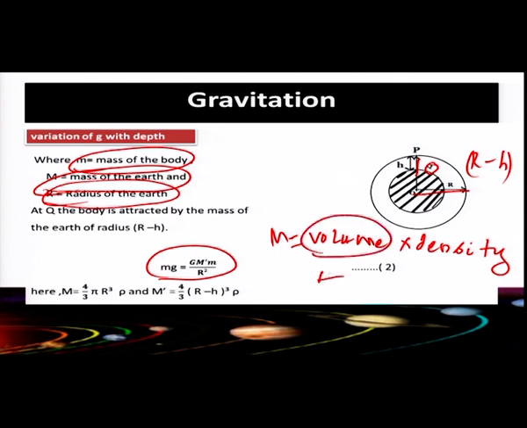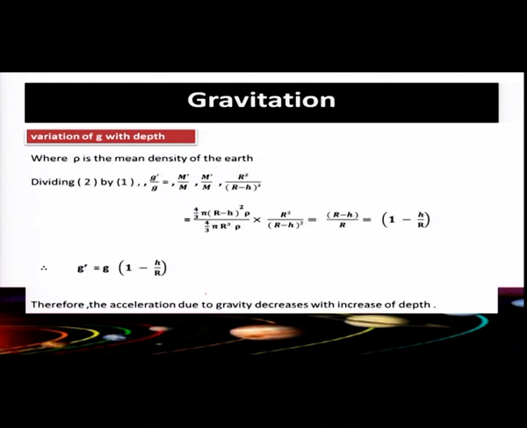The volume of a sphere is 4 by 3 pi r cube, so mass M is 4 by 3 pi r cube rho, and M dash is equal to 4 by 3 pi r minus h the whole cube into rho, where rho is the mean density of the earth.